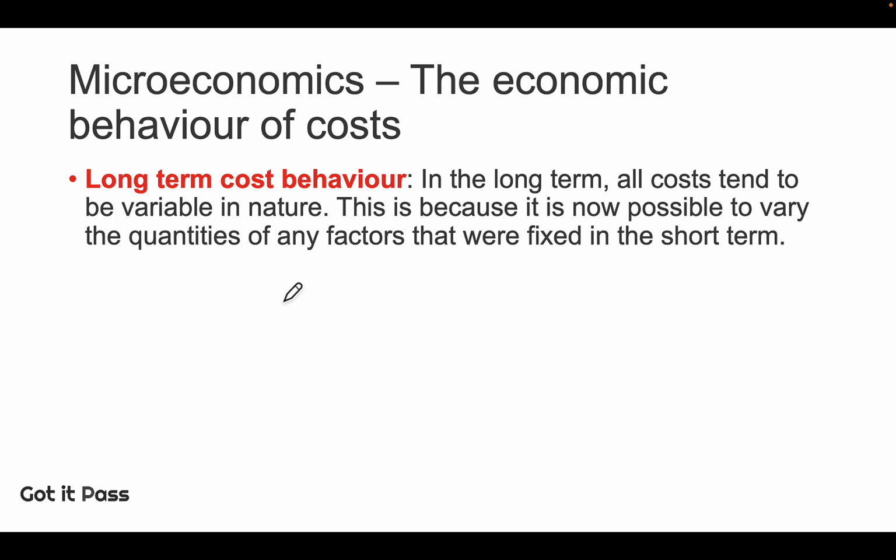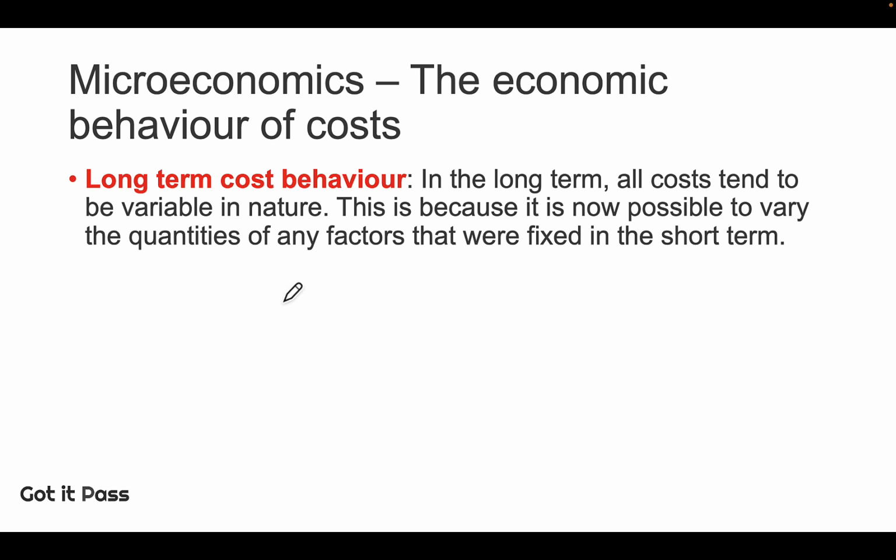We just explained about short term. The definition for short term here in economics, or the law of diminishing marginal returns, is that we have a fixed factor. And for long term, in general, all costs tend to be variable in nature. This is because right now it's possible to vary the quantities of any factors that were fixed in the short term, like the production line, the capacity of the factory.